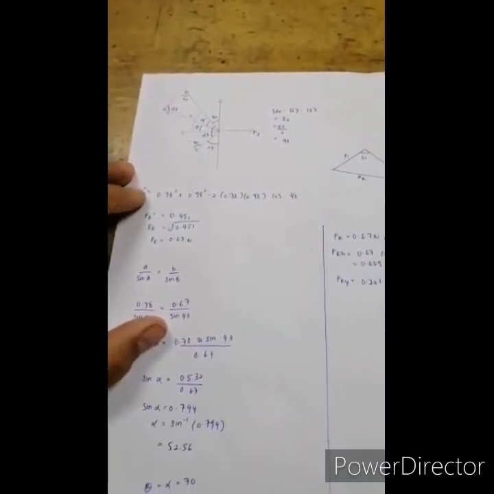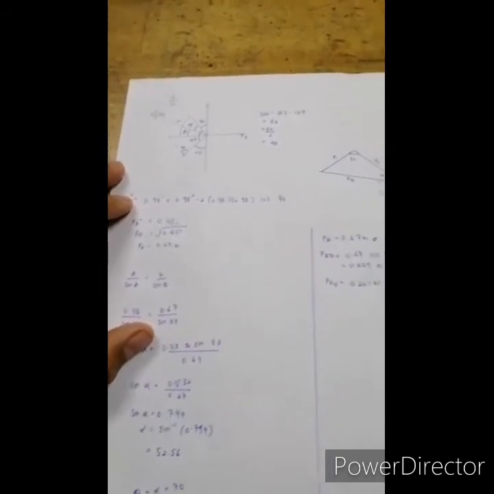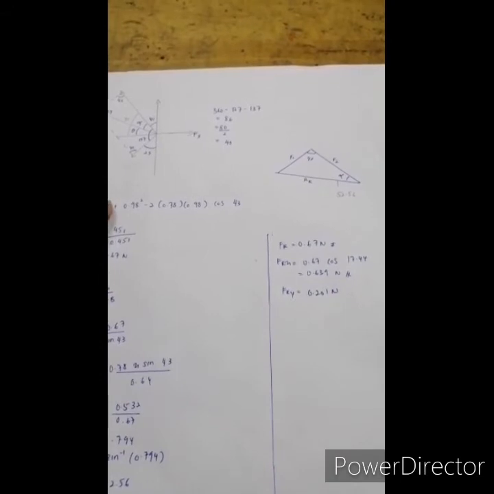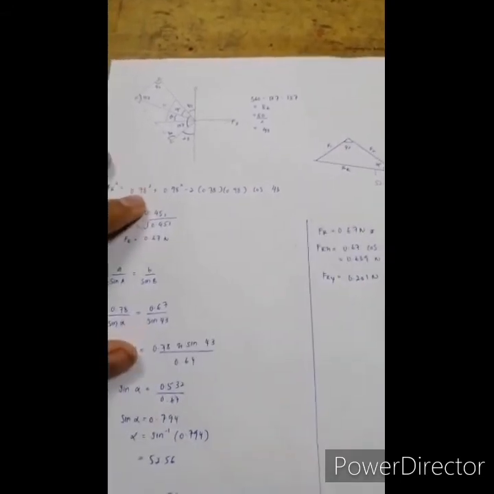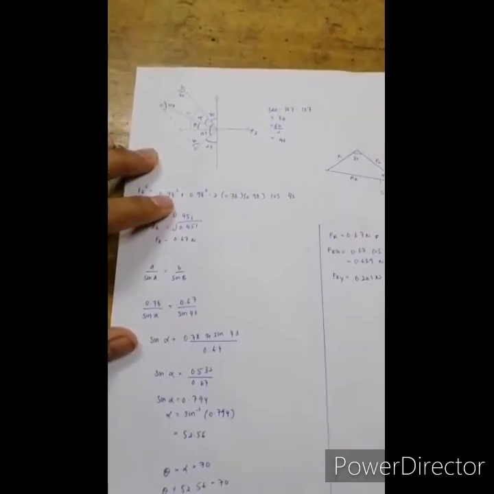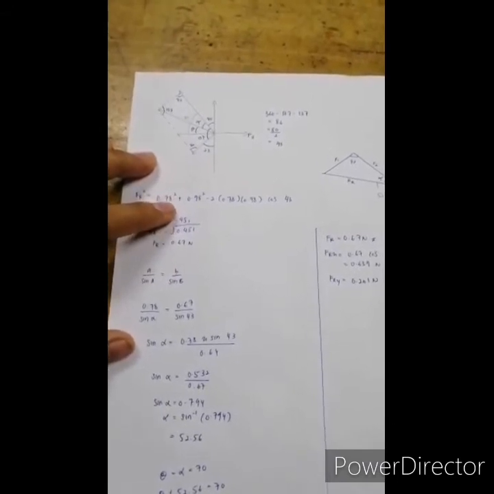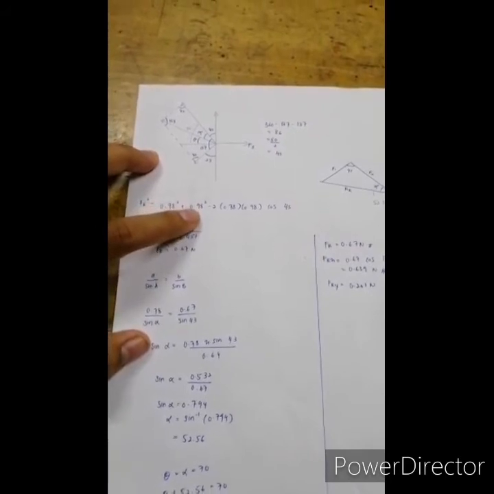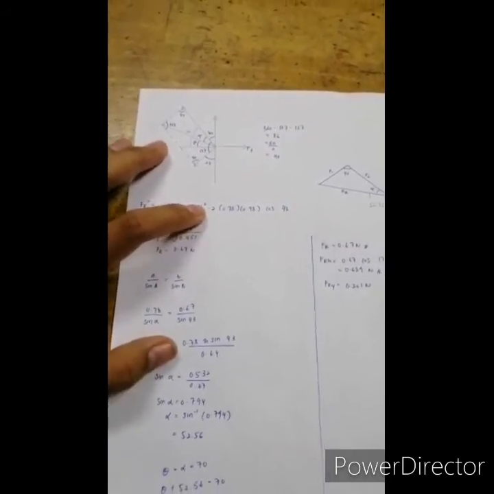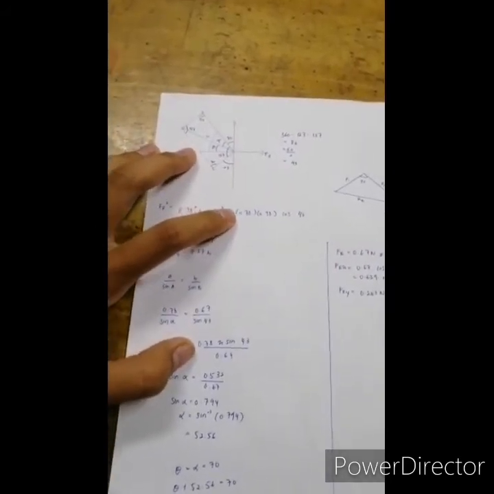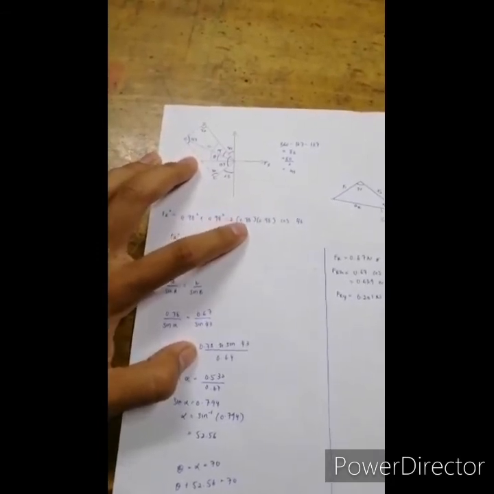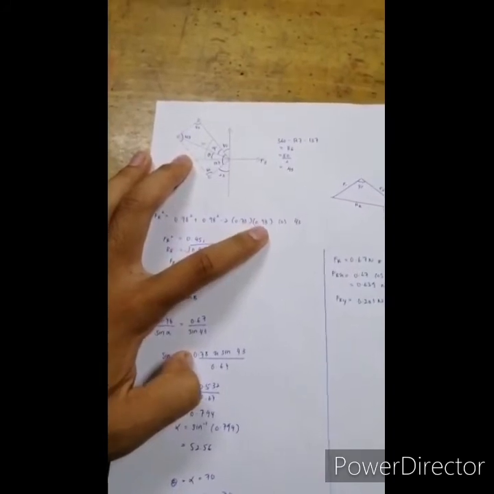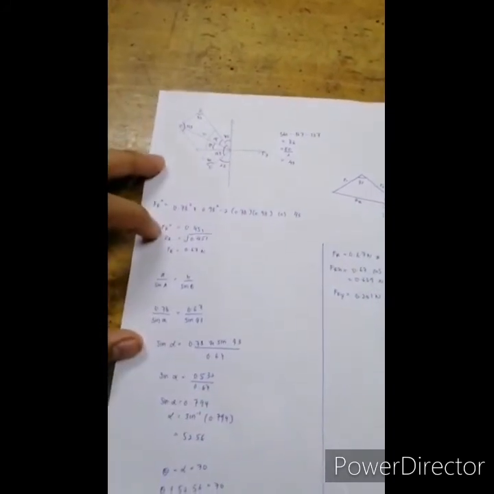FR squared equals 0.78 squared plus 0.98 squared minus 2 bracket 0.78 bracket 0.98 bracket cos 43.